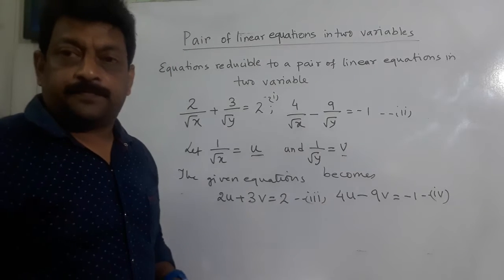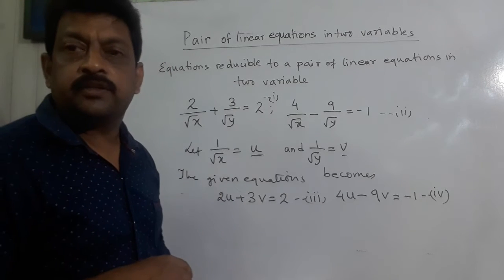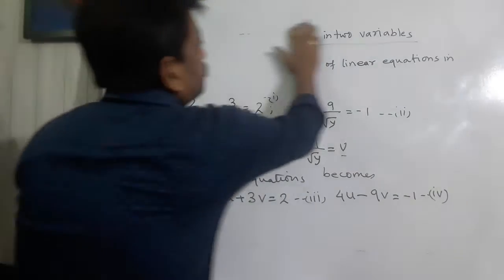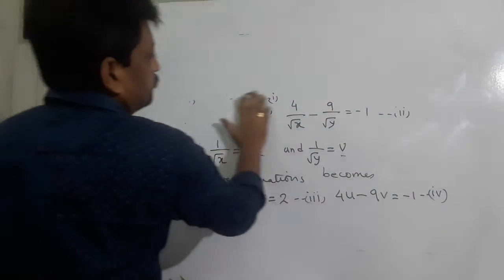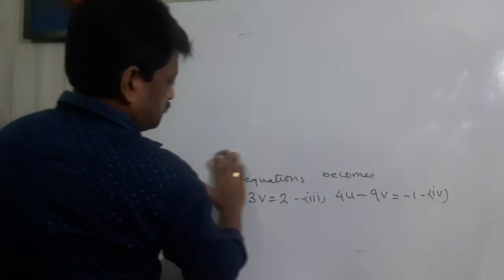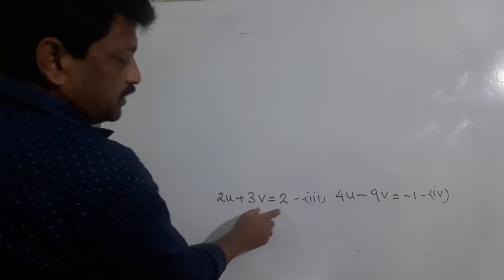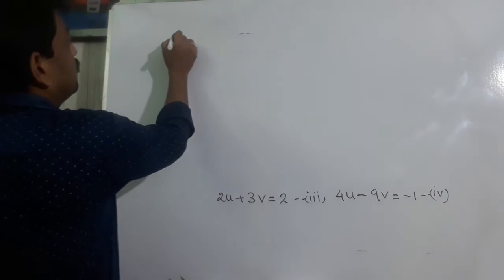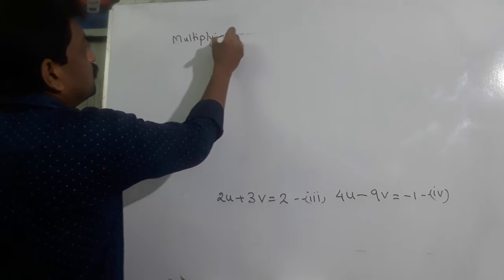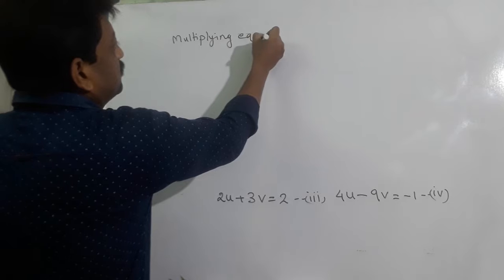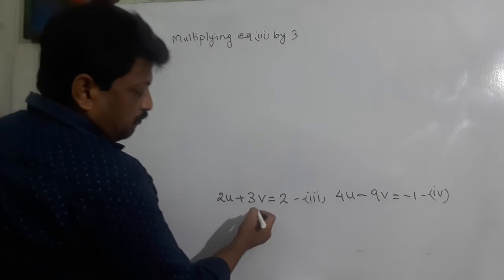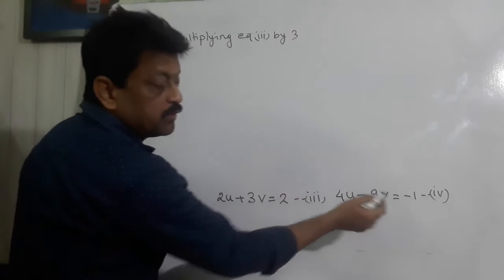You can use any method. I am going to use the elimination method. So let us multiply equation number 3 by 3. I want to make the coefficient of v equal in both cases.